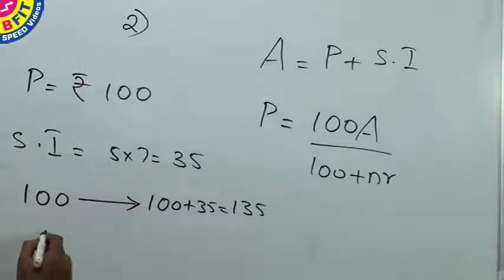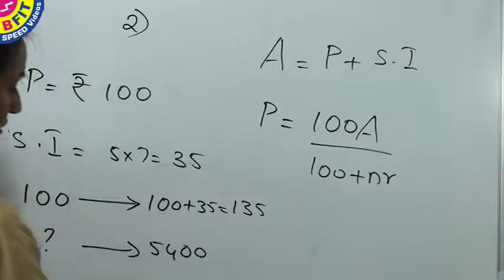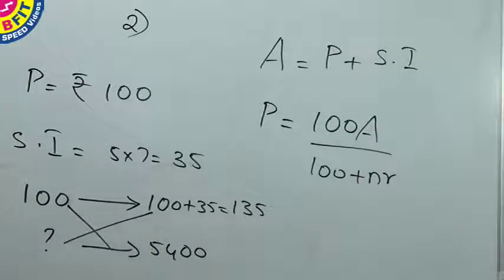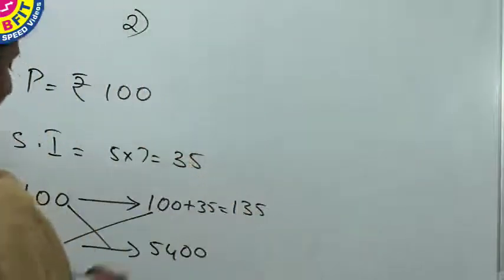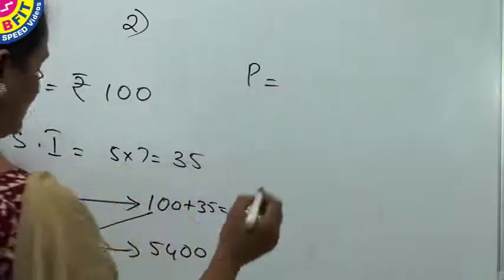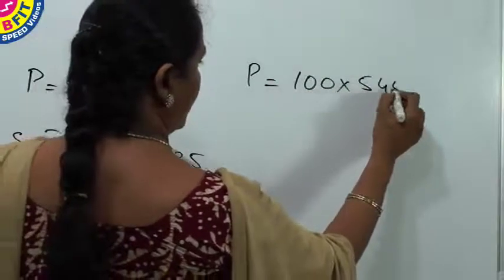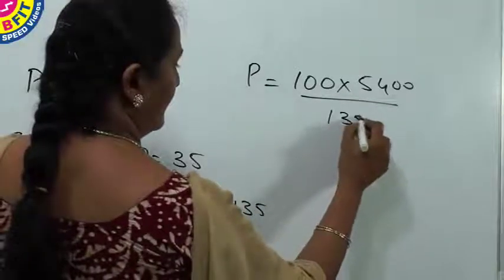And what will be the sum which gives an amount of 5,400? As simple interest is proportional, just by cross multiplying this, we get the sum deposited, which is equal to principal P, the sum deposited. So by cross multiplying and dividing by 135.